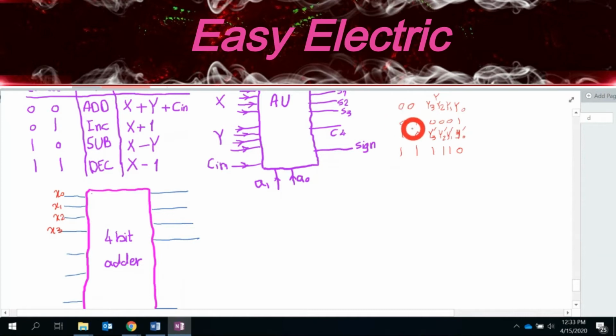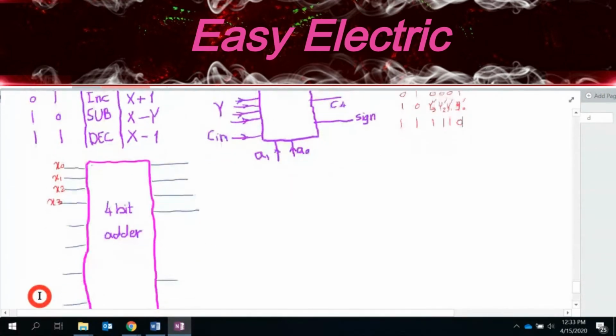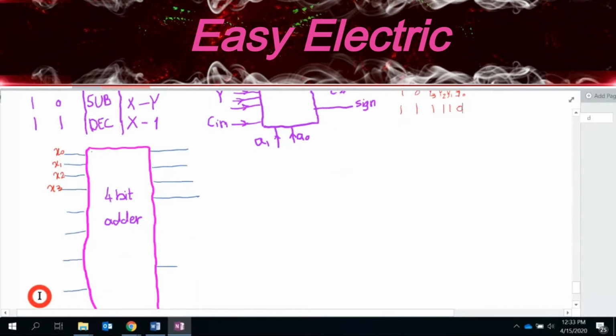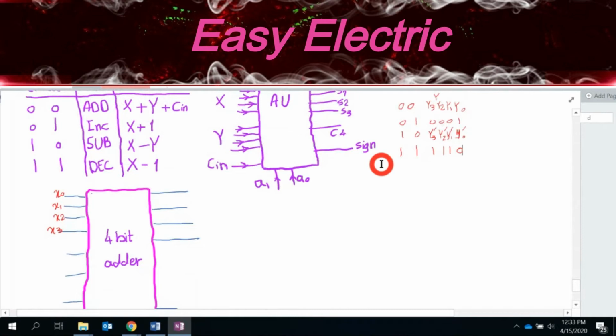So depending on what you have on the address bar, you give different numbers to these 4 inputs. Just consider one column here, connected to Y3. Depending on the address A0, A1, which is these 2 bits, the possibilities are Y3, 0, Y3 prime, and 1.